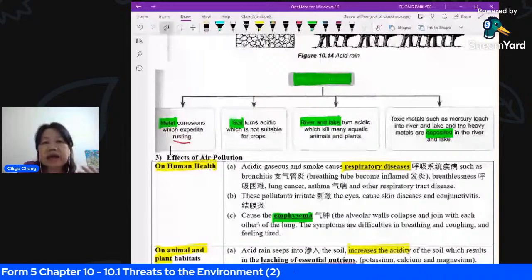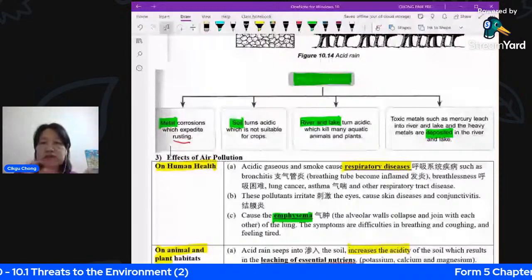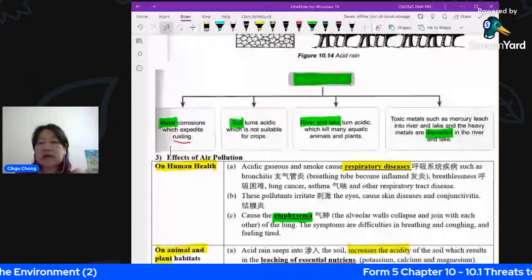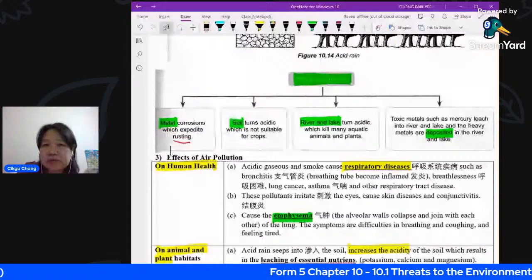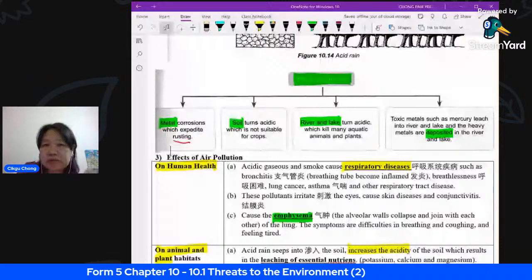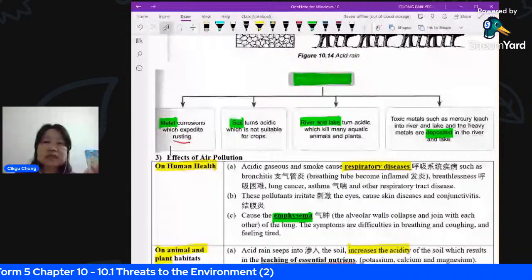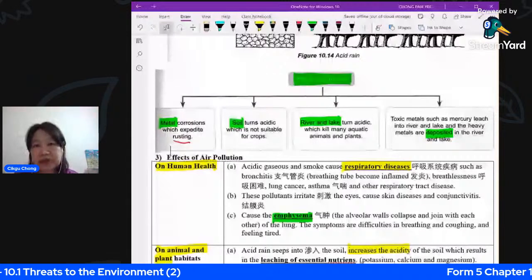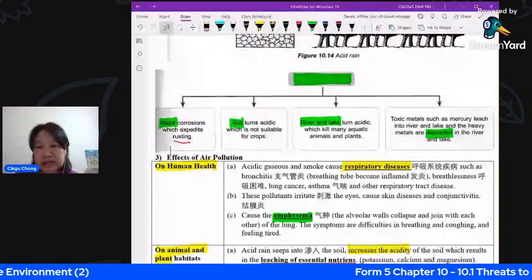They also have a tolerance to acid. And toxic metals such as mercury, this is a heavy metal, mercury, nickel, cadmium, all these, they leach, means they run into the river, and these are heavily deposited in the river. So you have the effects of acid rain.